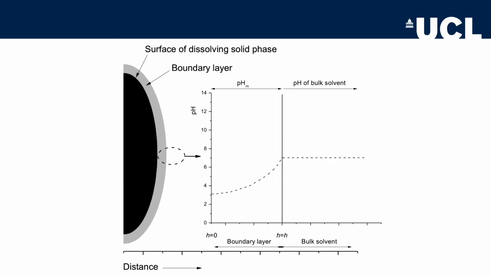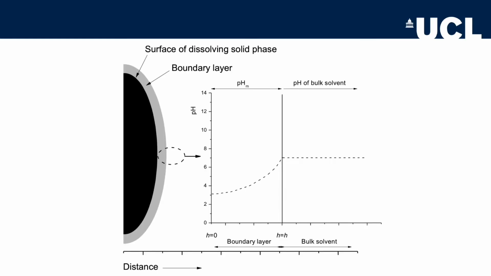Again, we can visualise that as a plot so you can see what I'm talking about. The plot shows the pH of solution as a function of distance from a dissolving solid. And you can see that nearest the surface the pH is lowest. This is because I'm assuming an acid is dissolving. And as we move further away from the surface, the pH rises until it reaches a plateau in bulk solvent.